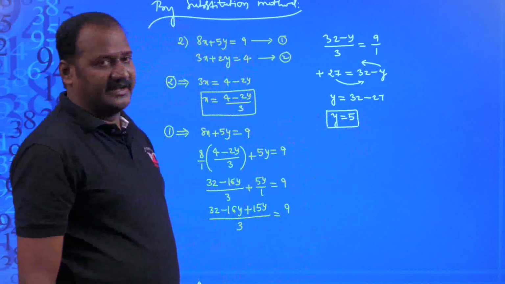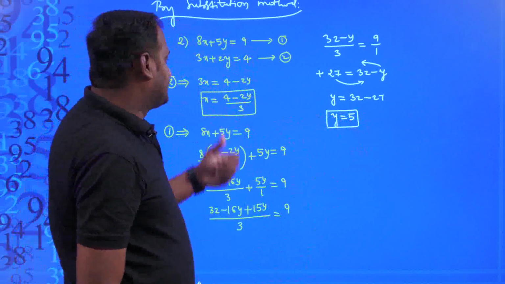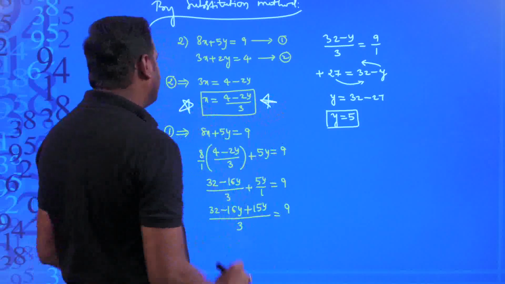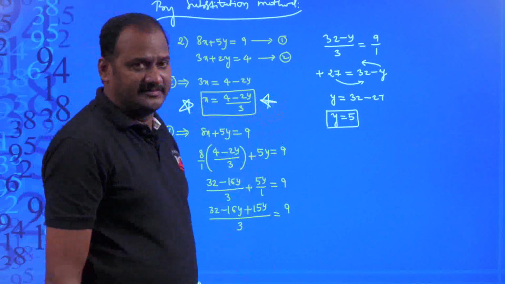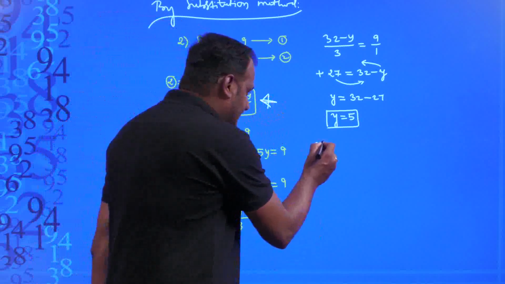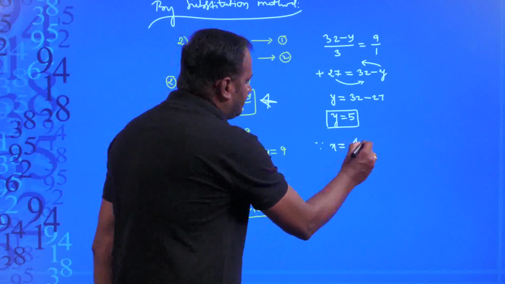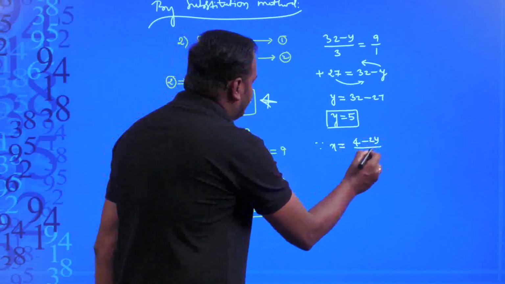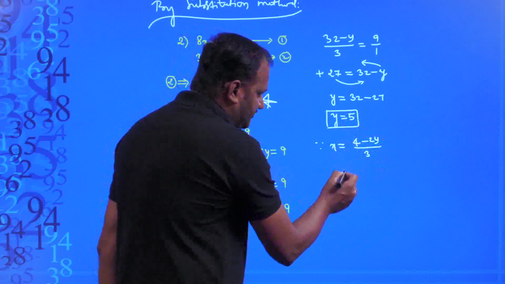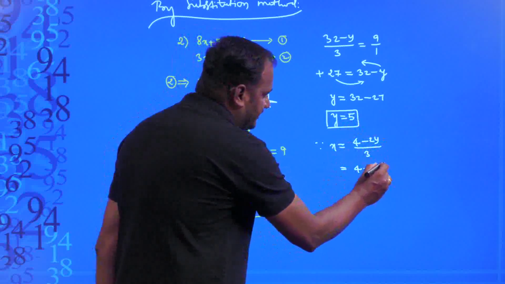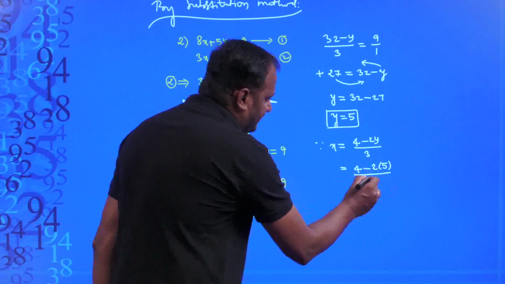After getting the value of y, to get the value of x, you will have to identify this. The value of x is going to be 4 minus 2y by 3. Since x is equal to 4 minus 2y whole divided by 3, when I substitute y is equal to 5, it would be 4 minus 2 into 5 divided by 3.